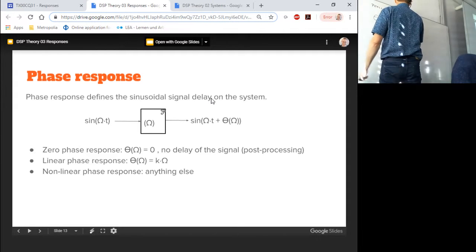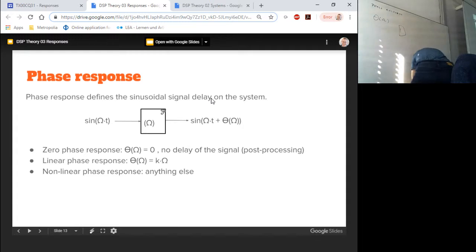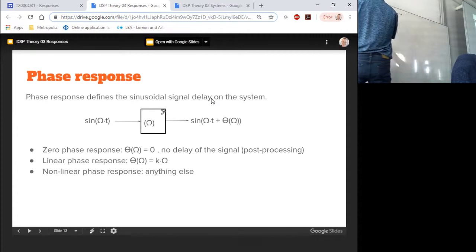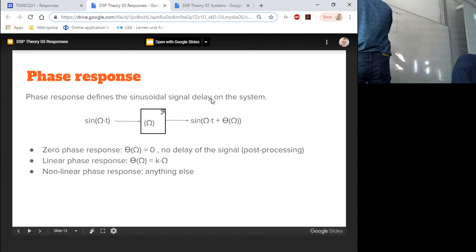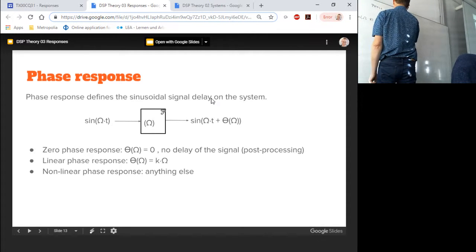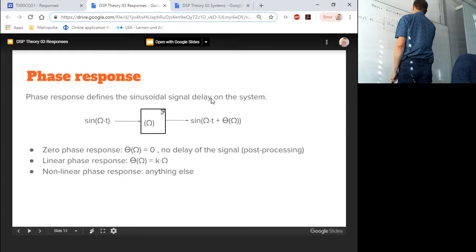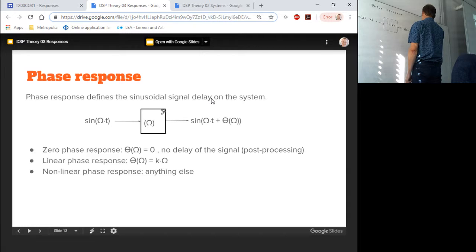Practically, if we have a system with a transfer function and we feed in a sinusoid, we come out with some amplitude at that frequency multiplied by the sine of omega times t plus the phase shift, theta of omega.